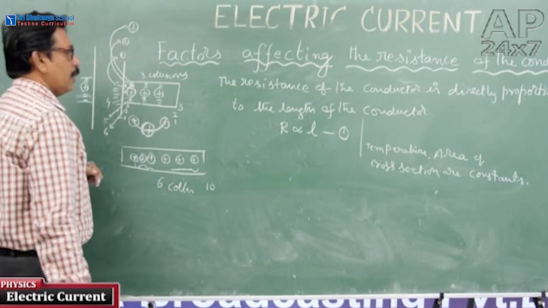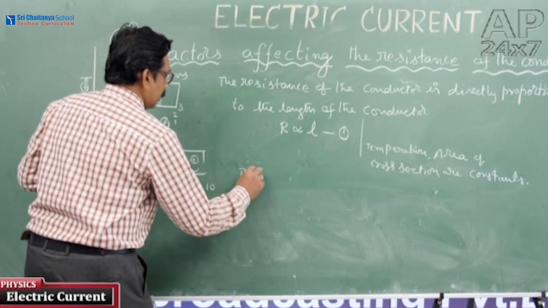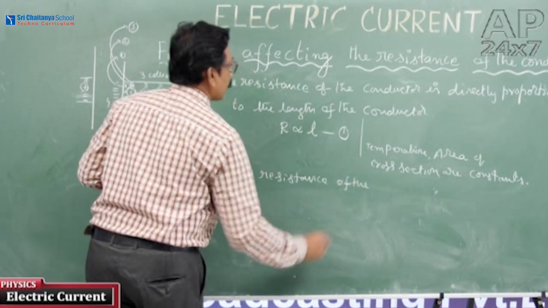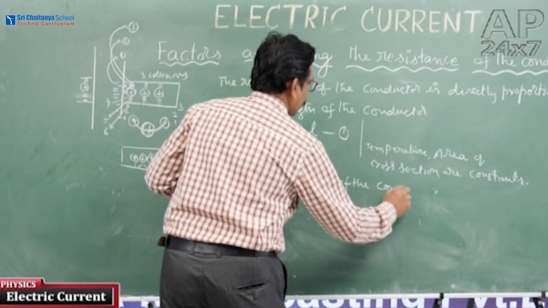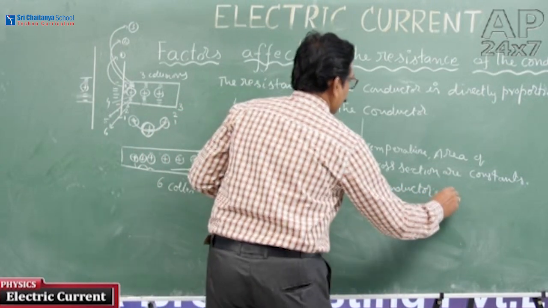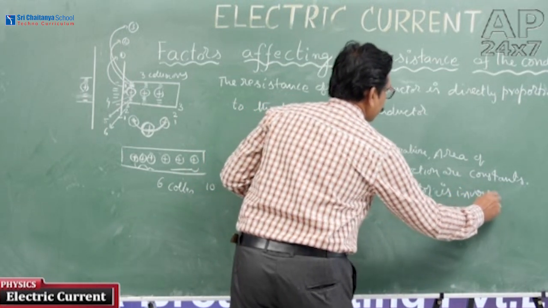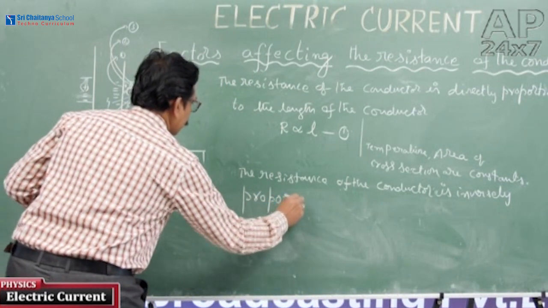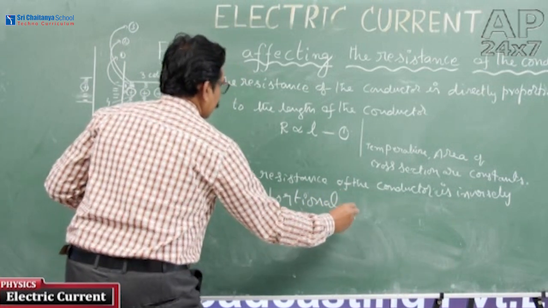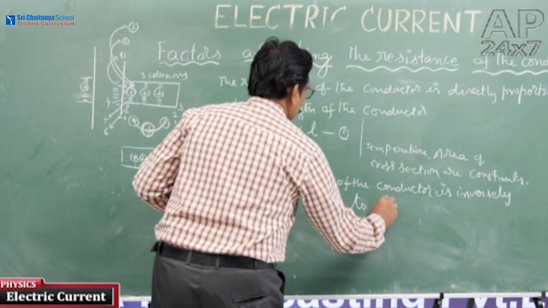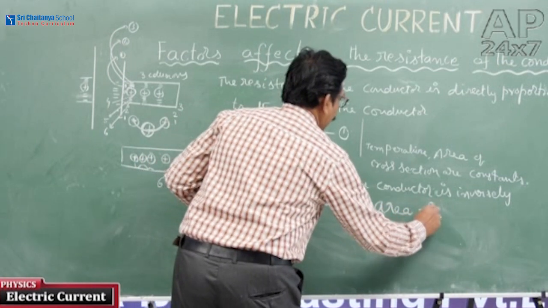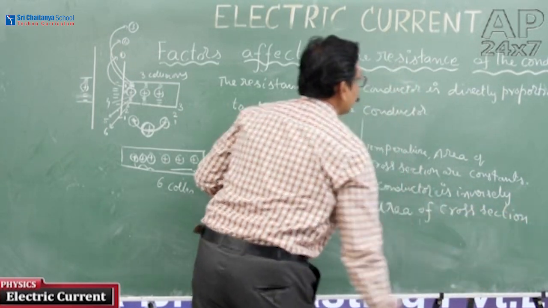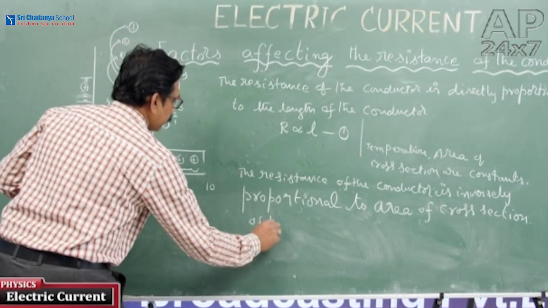Now similarly, the resistance of the conductor is inversely proportional to area of cross section of the conductor.